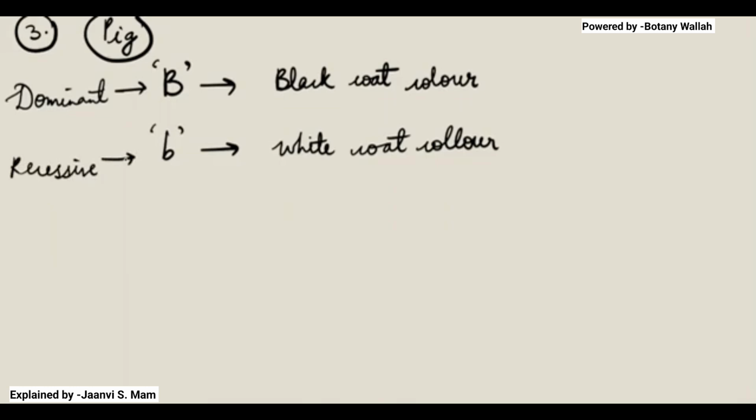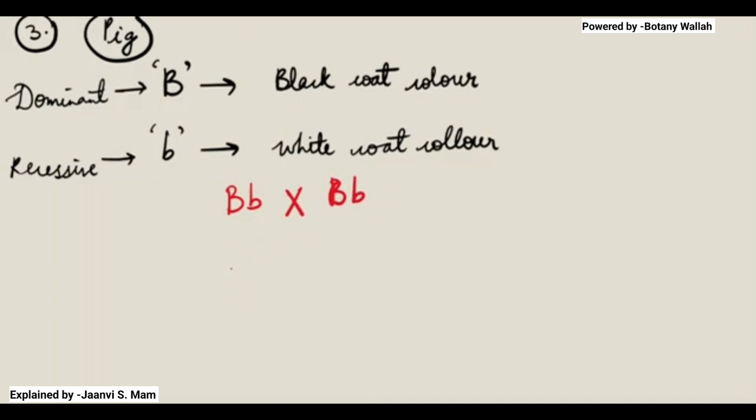Now the question is further asking what will be the probable genotype of offspring when a cross is made between individuals heterozygous for the color. Heterozygous means capital B, small b. If two heterozygous organisms are crossed, then what is the probability?